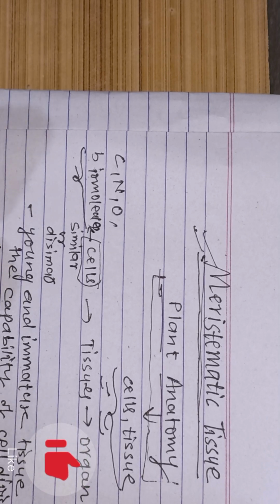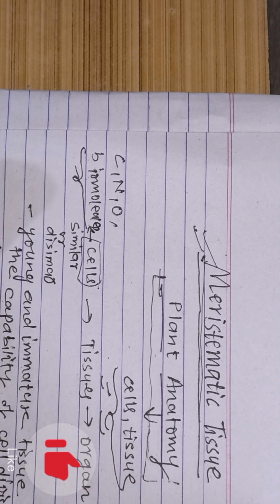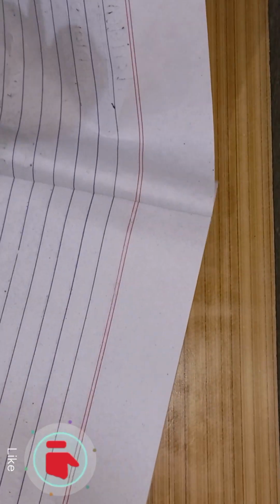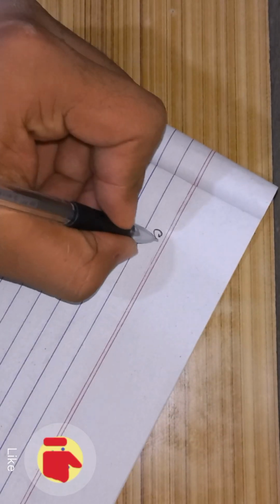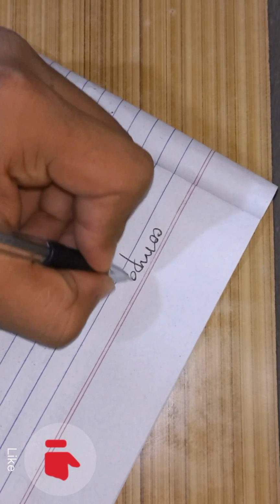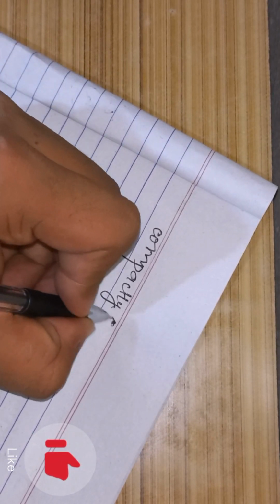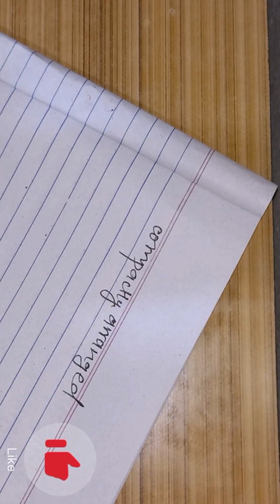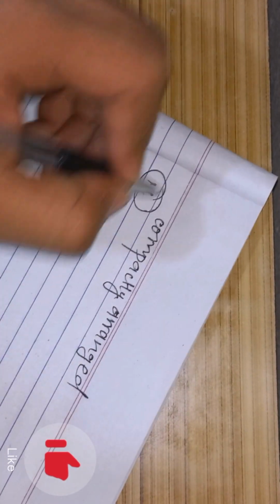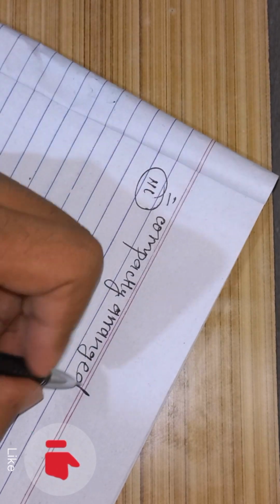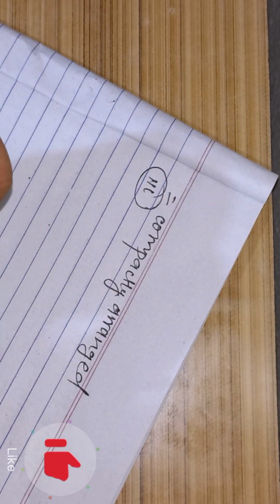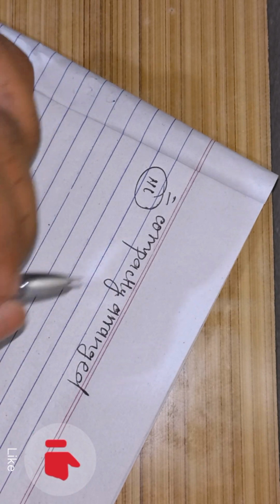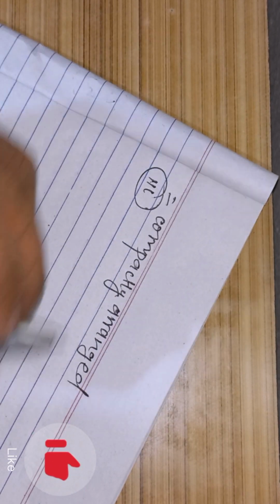The other one is that they are compactly arranged tissue. What do you mean by compactly arranged? It means the cells which combine to form meristematic tissue have no intercellular spaces.